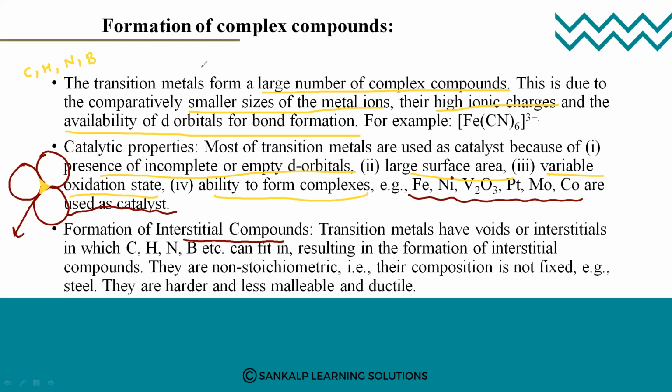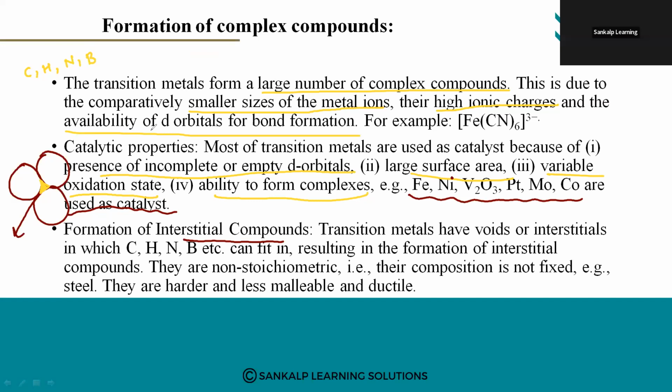Transition metals have voids, meaning empty spaces or small interstitial spaces, wherein small atoms like carbon, hydrogen, nitrogen, boron can fit, and thus it leads to the formation of an interstitial compound.